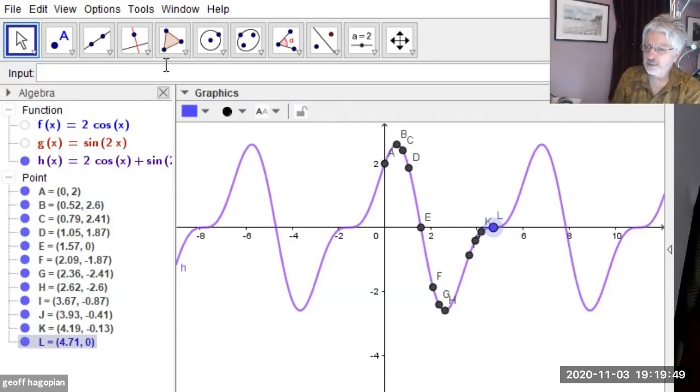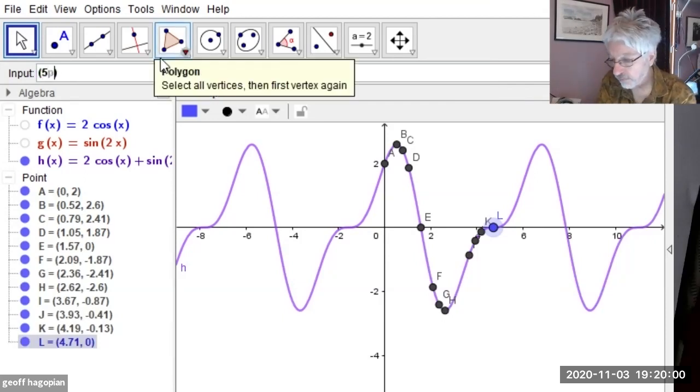And then all these other points are going to be the opposites of the ones we just plugged in, right? But let's go ahead and enter them in. So 5 pi over 3 is the next input. 5 pi over 3, comma, h of 5 pi over 3.